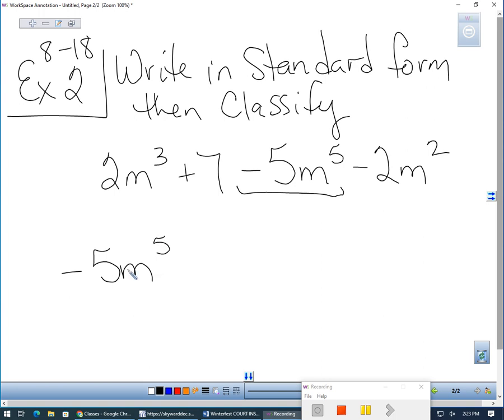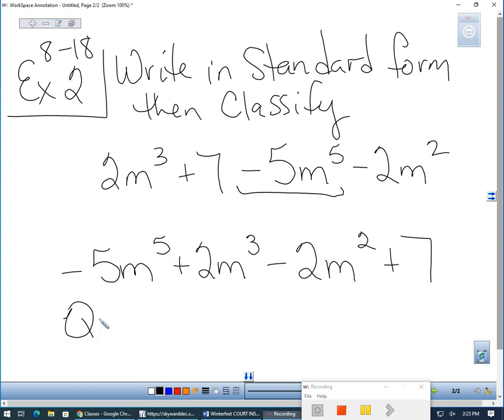Then what would come next? Good. Positive 2m to the 3rd. Then, good, minus 2m to the 2nd, and then plus 7. Now that it's in standard form, we have to classify. Quintic, polynomial of 4 terms.